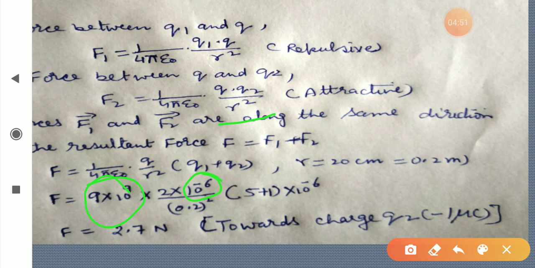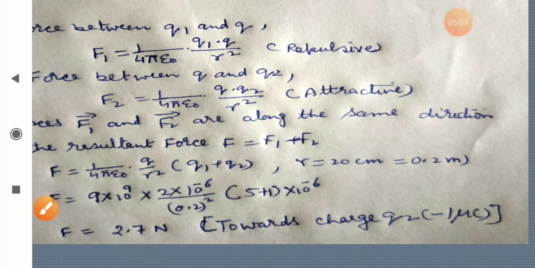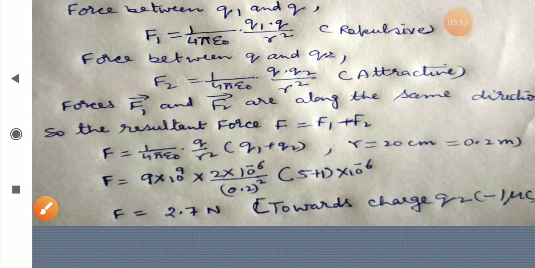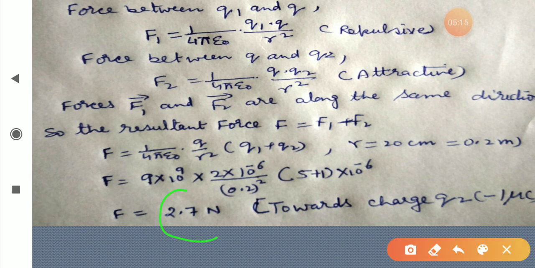Now inside the bracket, one charge is 5 microcoulomb, so 5, the other one is 1 microcoulomb, so 1, and micro, 10 raised to the power minus 6, is common in both of them, so I have taken it as common. Calculating it, the final result comes out to be 2.7 Newton.